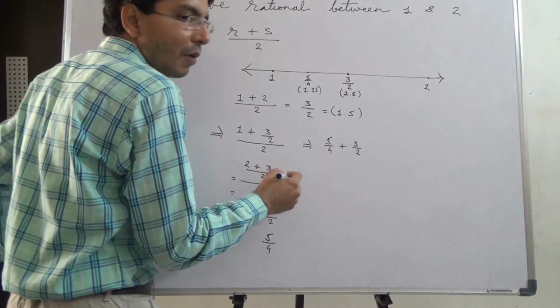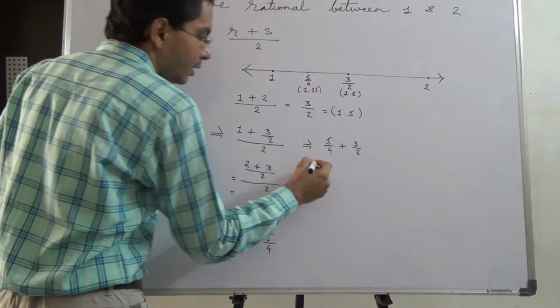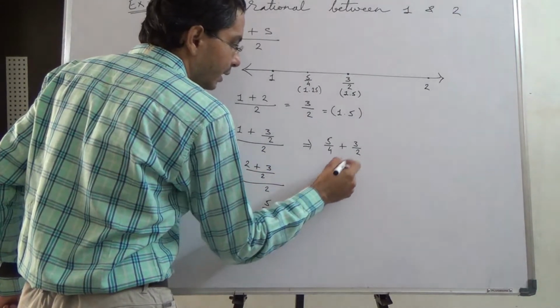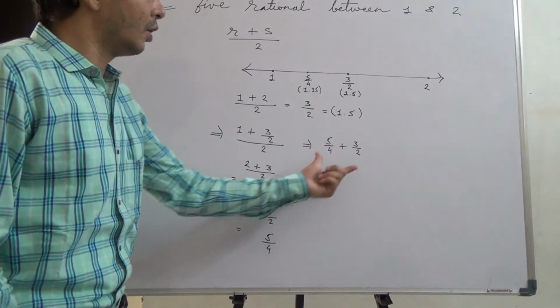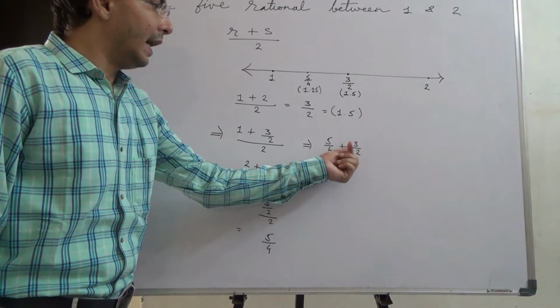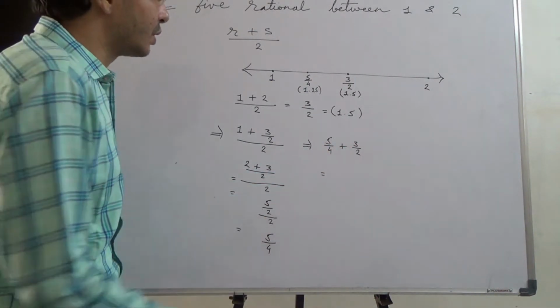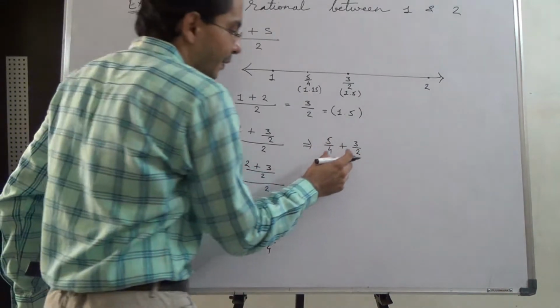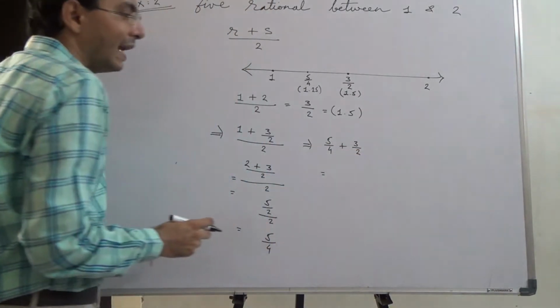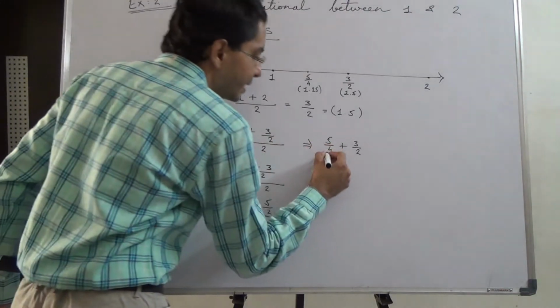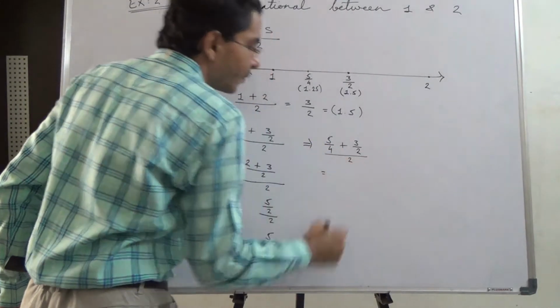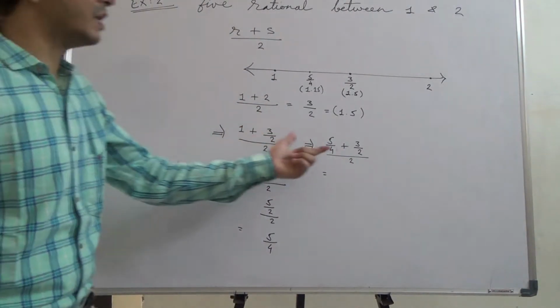Here both denominators are not the same and there is a plus sign between them, so we take the LCM. Here 4 and 2, so our LCM is 4.